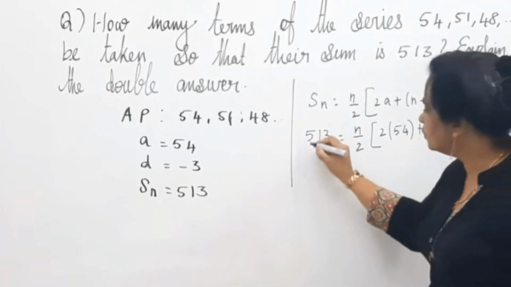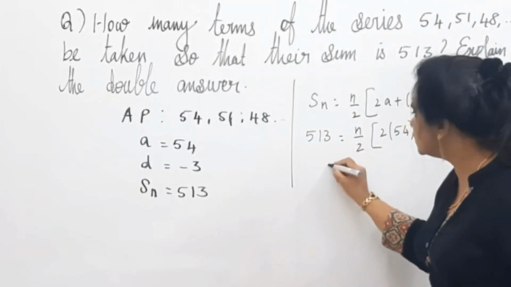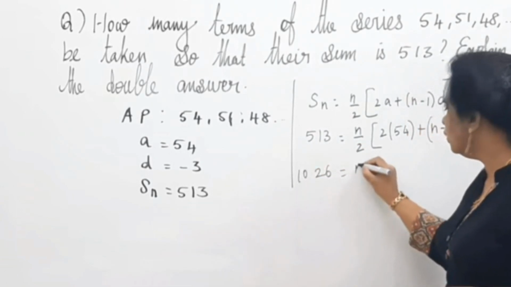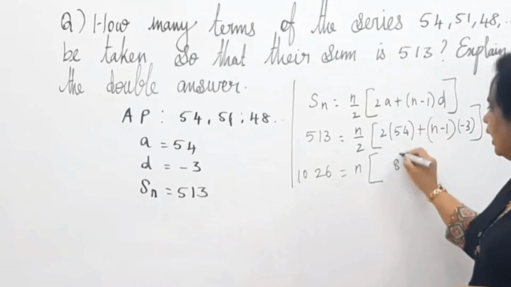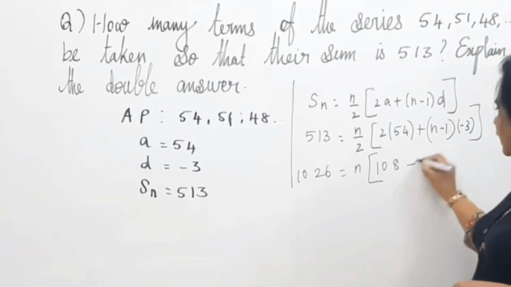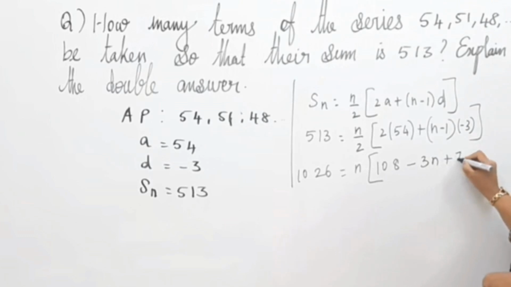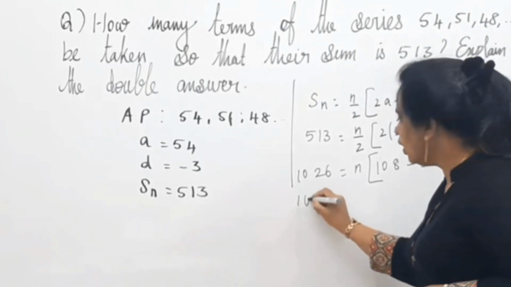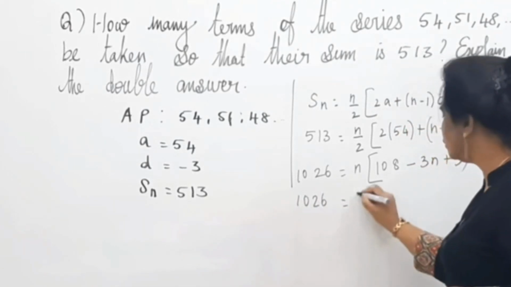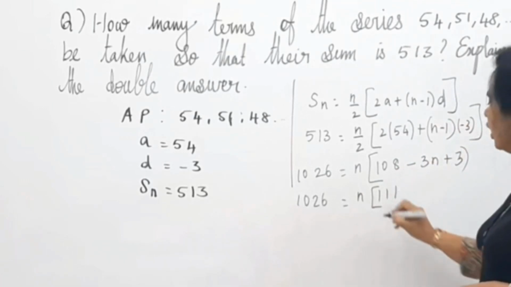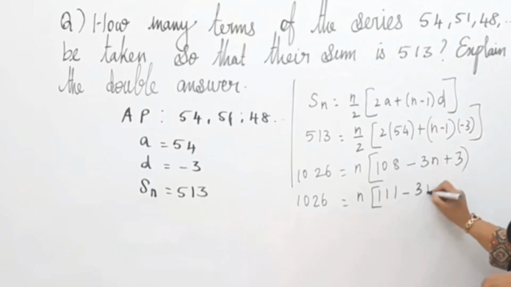Now 513 into 2, 3 2s are 6 and then 2 and then 5 2s are 10. That's equal to n into 4 2s are 8, 5 2s are 10, minus, I would have minus 3n and plus 3. So that's 1026 is equal to n into 108 plus 3, 111 minus 3n.